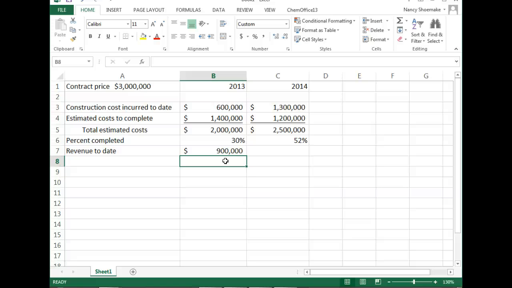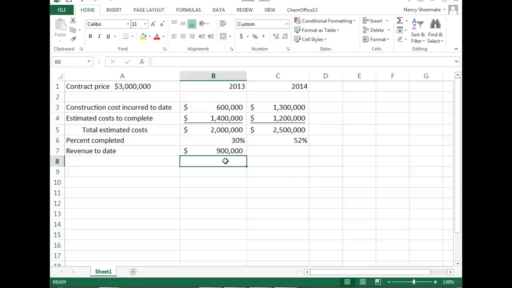We're coming up with the percent, and we're going to use that same percent for our revenues. Since the big project is 3 million and we've incurred what we believe is 30% of our cost, we're going to recognize revenue of $900,000, 30% of our revenue. Make sense, guys? How are we doing?